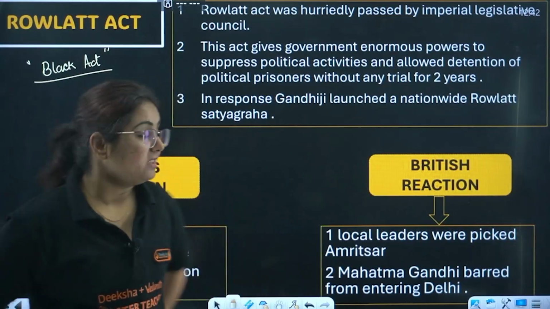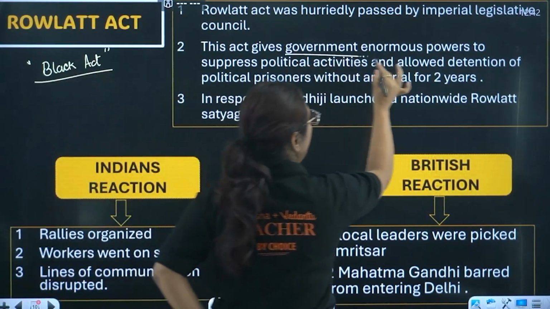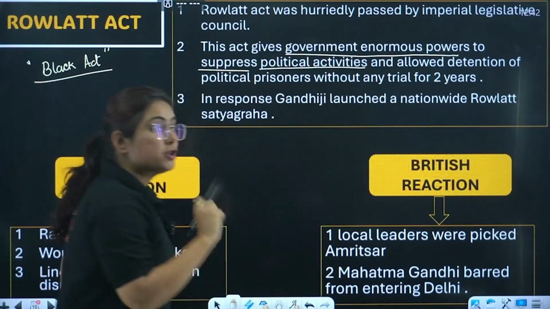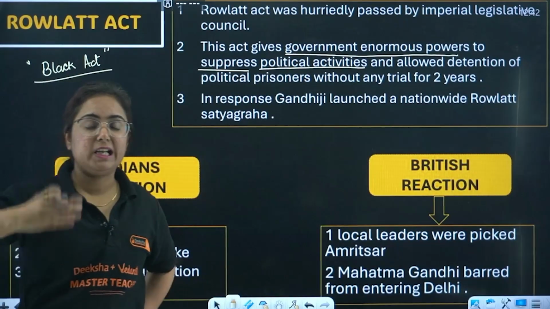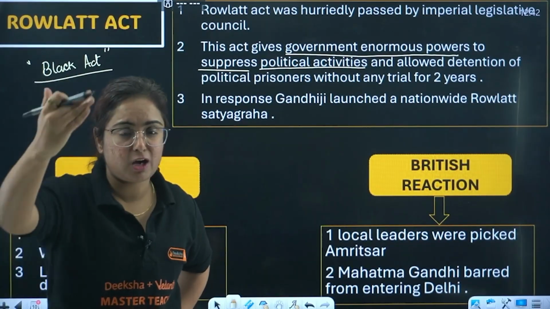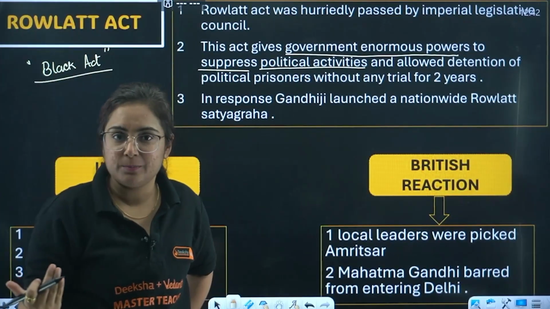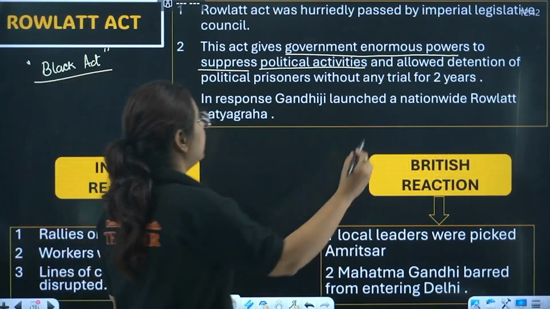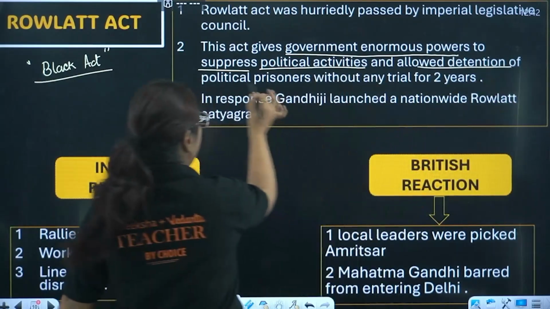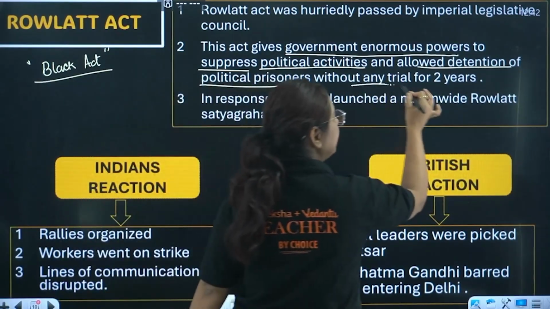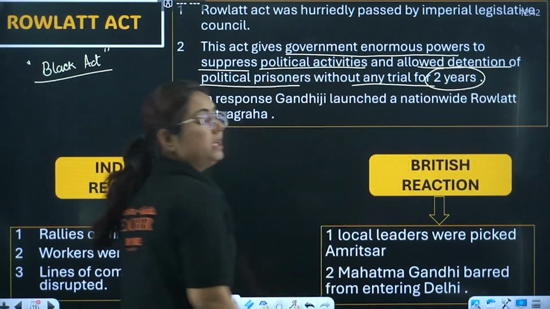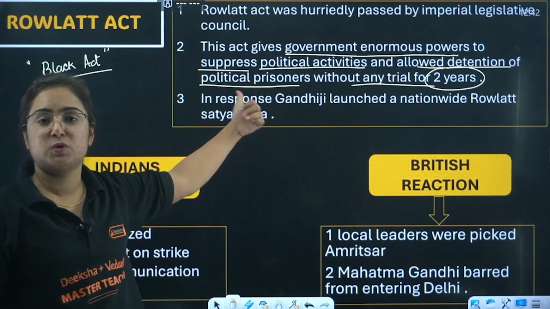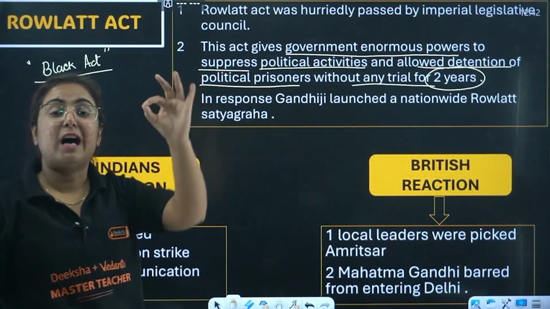This act gave the government enormous power to suppress political activities. Political activities were increasing in the country and the Britishers got scared of that. So to suppress those activities, they allowed the detention of political prisoners without any trial for 2 years.